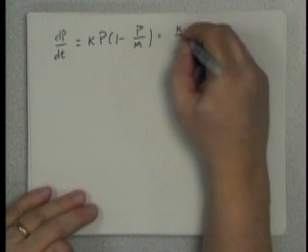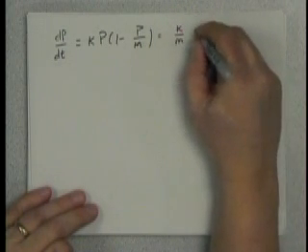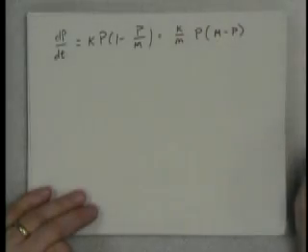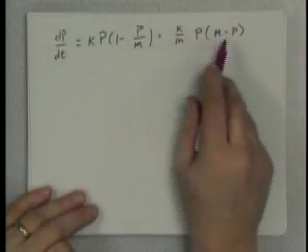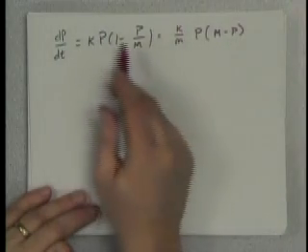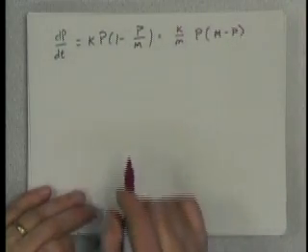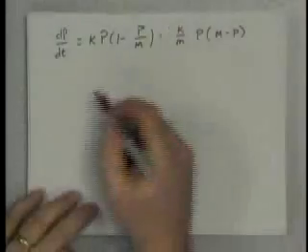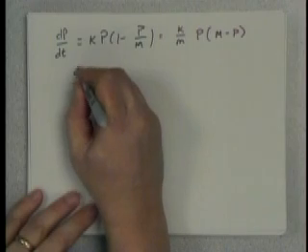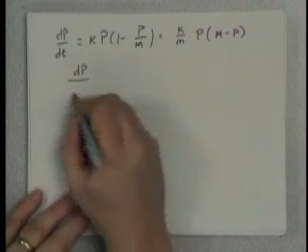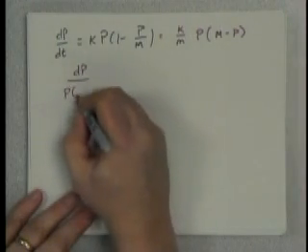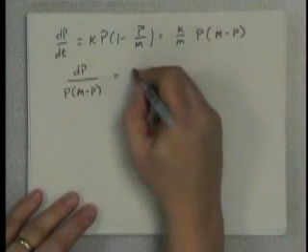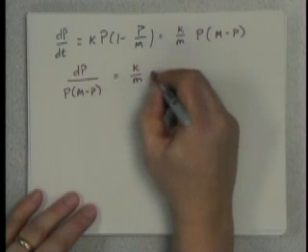So this becomes k over M times P times (M minus P). I factored the M that's in the denominator out of this second factor so that it'll make it easier when I do the separation of variables. So I'm going to divide those two factors, the P and the M minus P, over to the left side, and I'll leave the k over M on the right side.